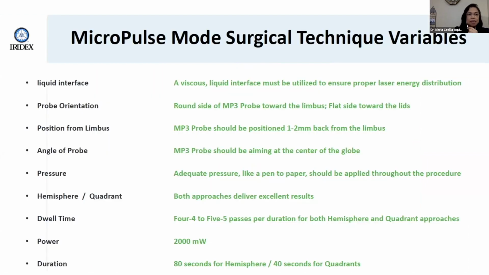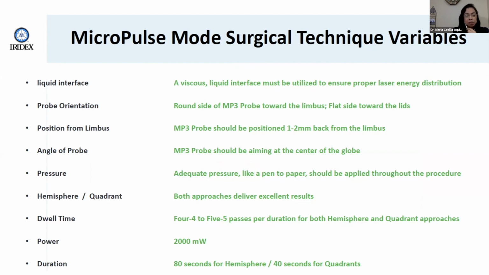So the company has provided us with the short summary of all those factors that I had mentioned that affect the performance of the technique. The liquid interface is very important, as I mentioned. Probe orientation, position from the limbus.